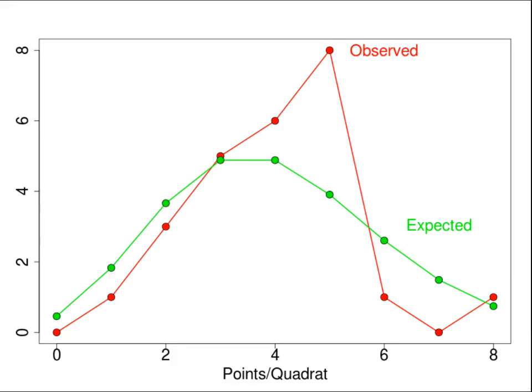Is that like a definition for what regular and clustered data are in this case? There are different ways to define it, and really the definition is we're just doing everything in probability.